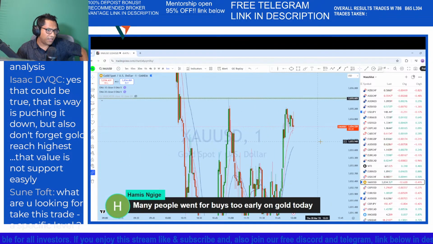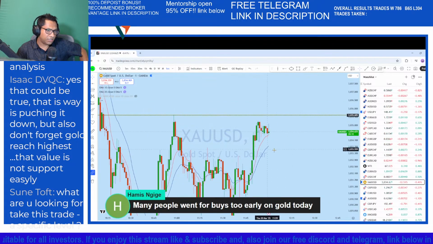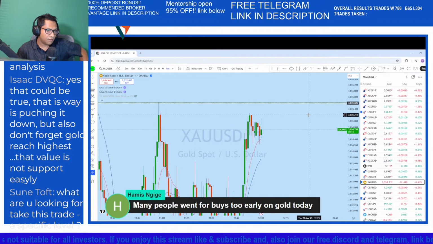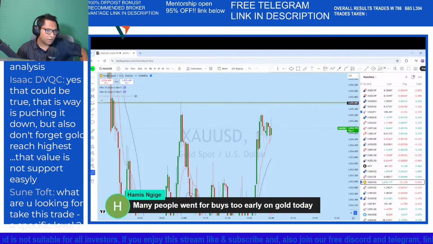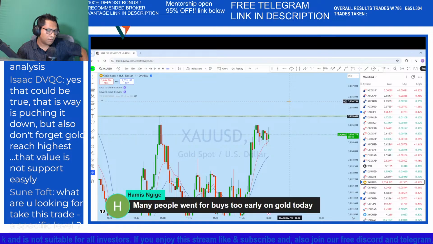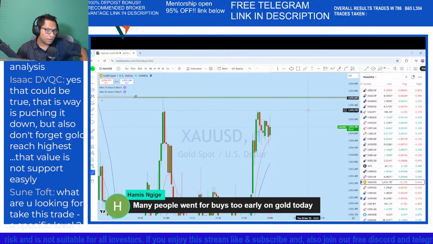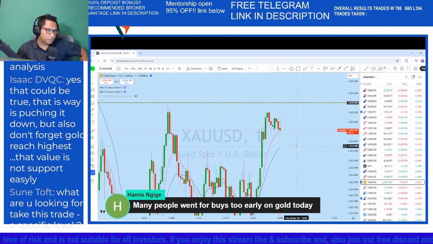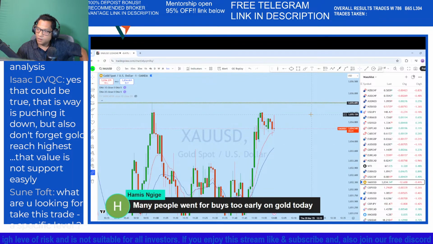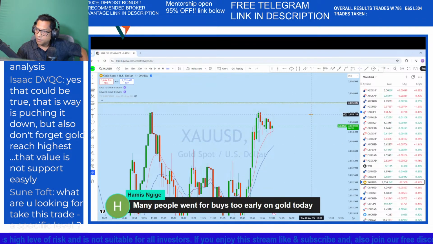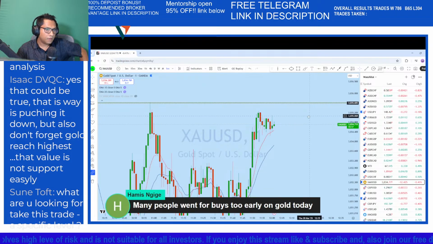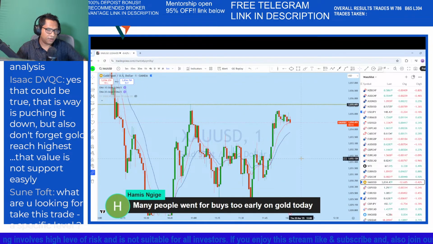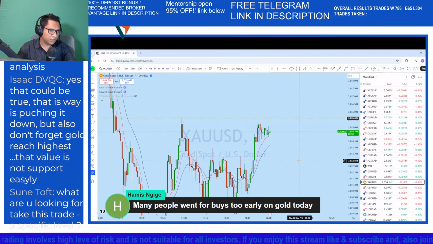The price may have a rejection in that area. Okay, so there is a doji. We'd like to see the market coming here in that direction to the support.